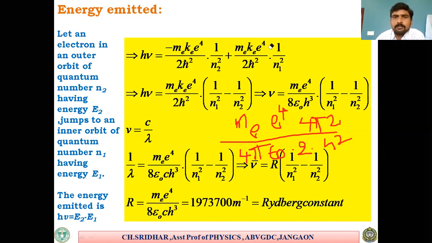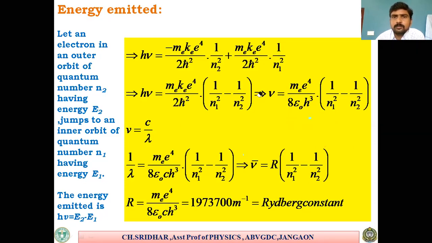So the frequency expression is nu is equal to Me into e to the power of 4 by 8 epsilon naught h cube into 1 by n1 square minus 1 by n2 square, and nu is equal to c by lambda.